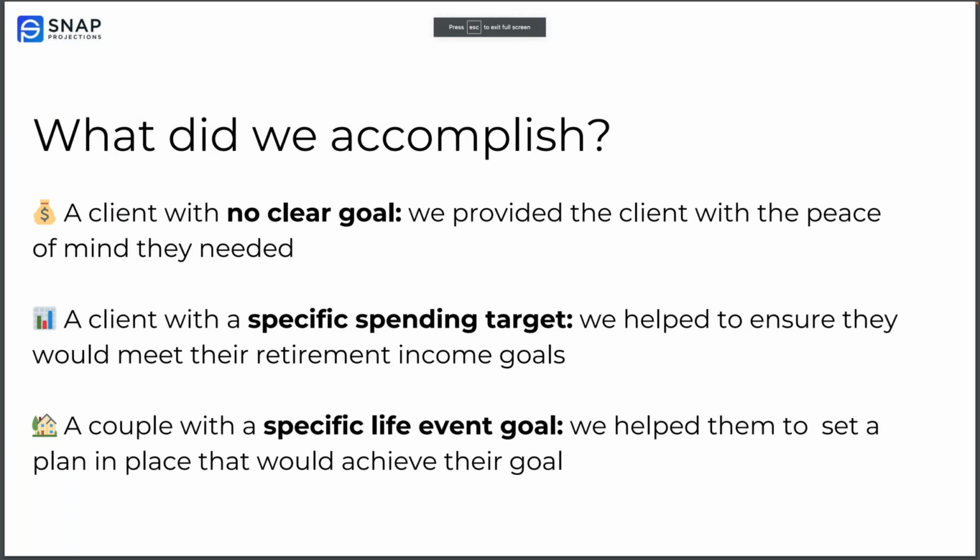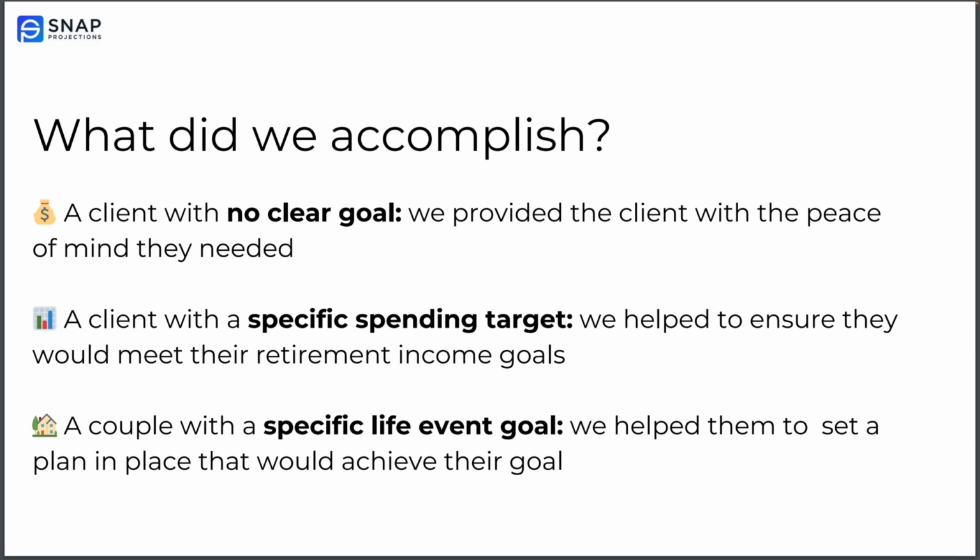As Steve just said, we have covered a lot this hour, but we accomplished even more for our 3 client cases. For Carl, who had no clear goal, we provided him with the peace of mind he needed. For Diana, who had a specific annual spending target, we helped to ensure she could meet her retirement income goals.